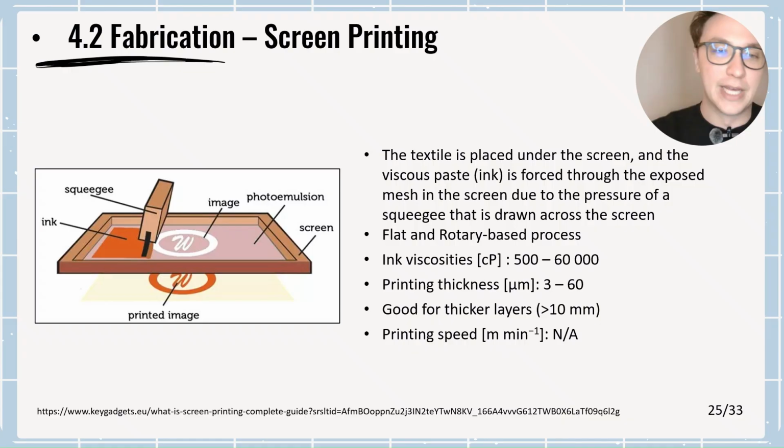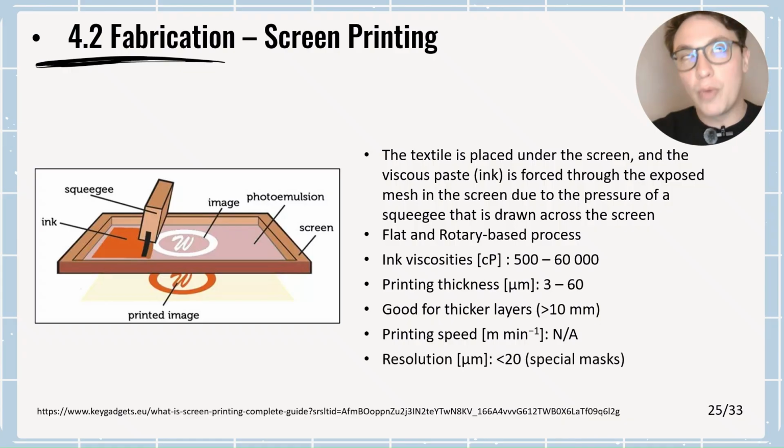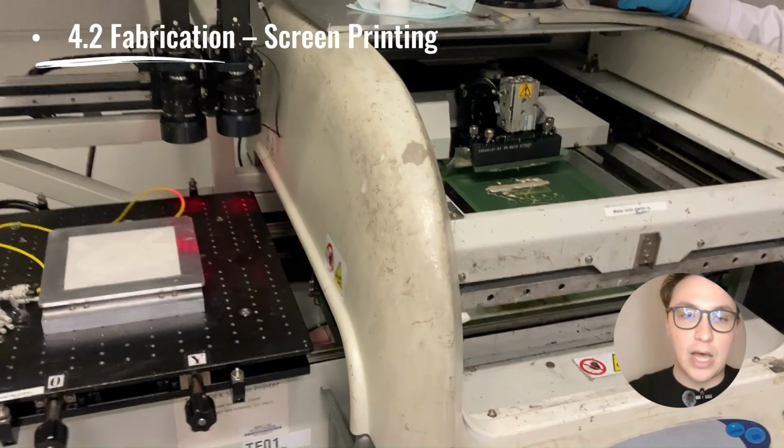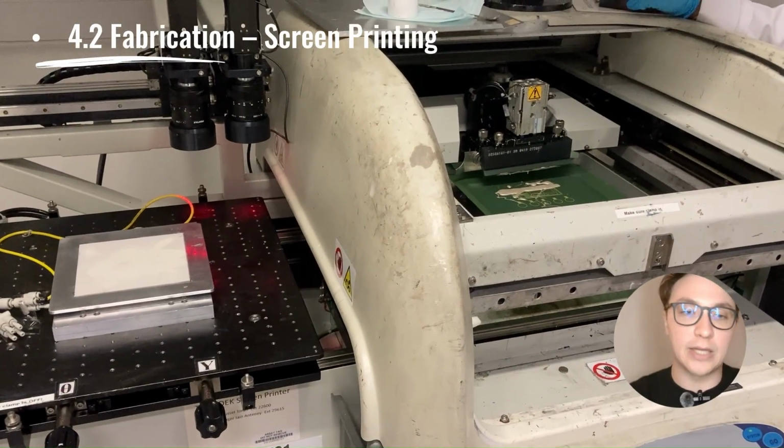It's firmly retained in position, and for the resolution, with a special mask we can go below 20 micrometer. And of course, the scalability is medium-low. It's not very scalable. I decided to report here another video.